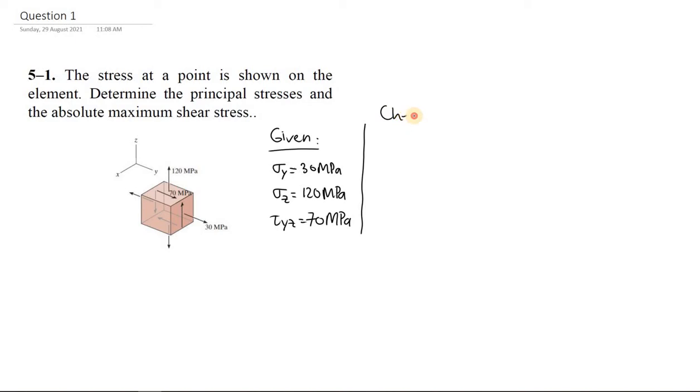So, check for occurrence of any principal stresses. I'm just going to call that P. Normal stress in X, 0. And when I'm looking at my X, I'm then looking in my YZ plane.